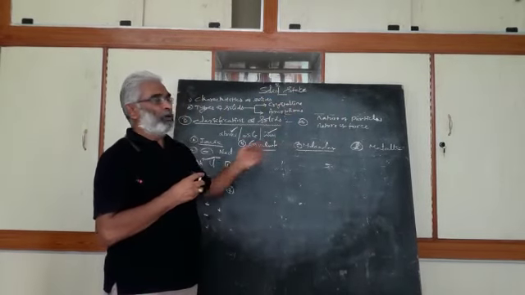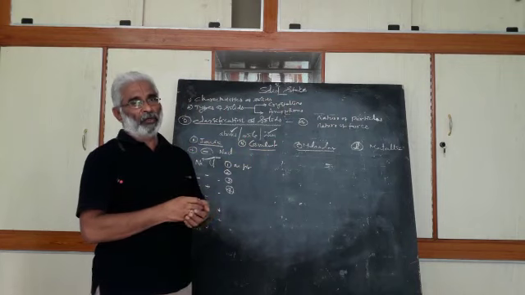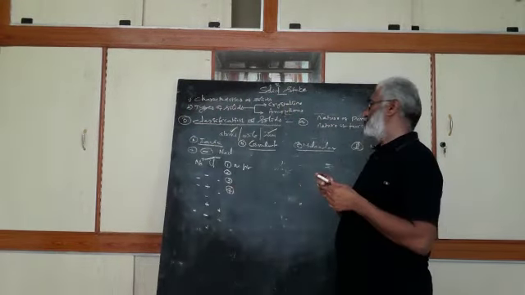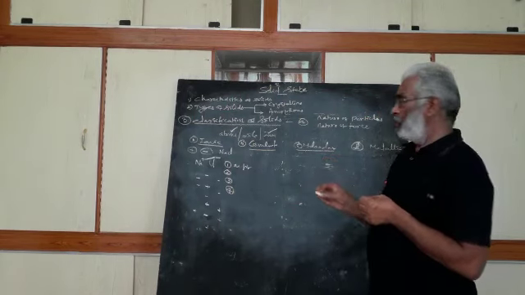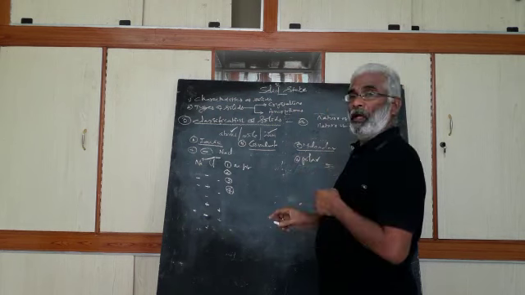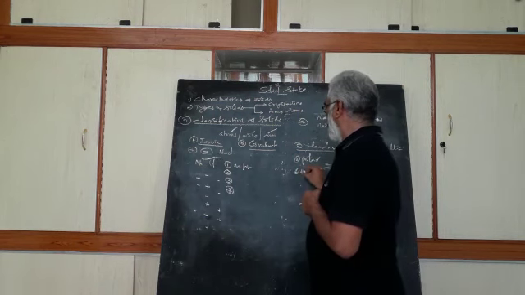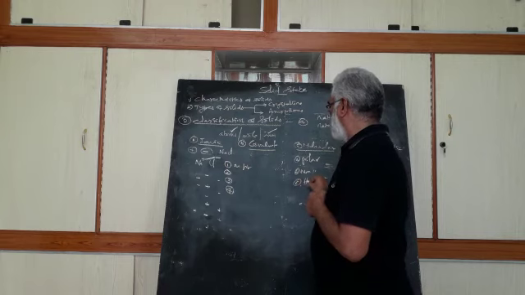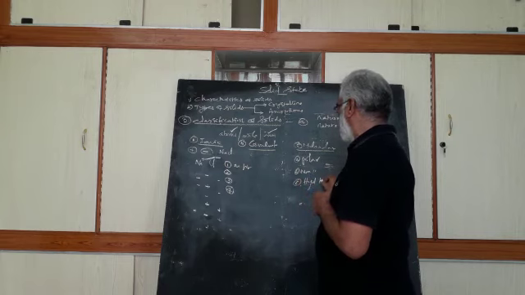These molecular crystals are further classified into three types, depending upon the nature of the force which holds the molecules. One is polar molecular solid, another is non-polar molecular solid, and third is hydrogen bonded molecular solids.